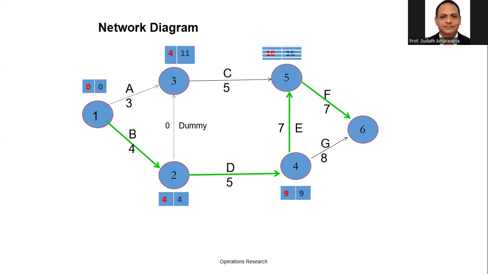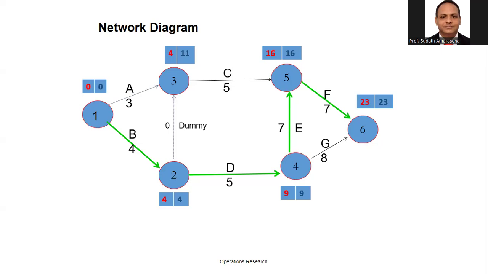If you want to calculate the probability, remember we need to calculate the variations as well as the standard deviation. Earlier, in the same question, I asked you to calculate the variation for all the activities, because the first time you need to get some experience. But if you are going to identify the probability value, remember, or you can write down somewhere, we need to calculate the variation only for the critical activities.